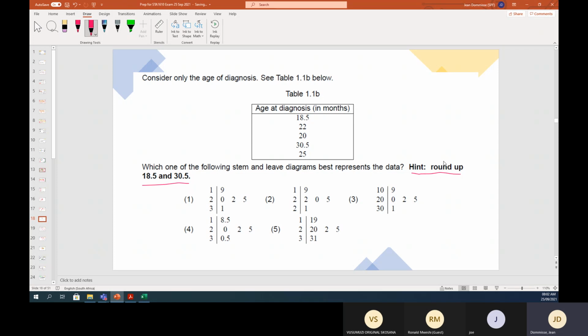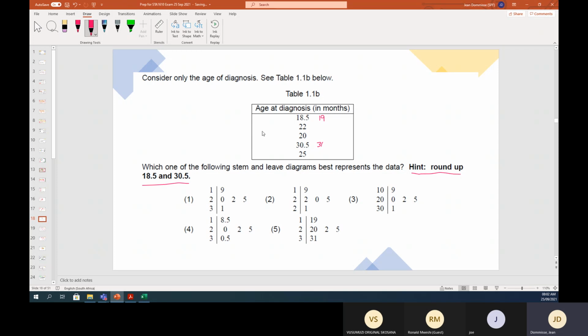They tell us to round up the 18.5 and the 30.5. If they don't say that, we take it as is, but because they're telling us to round up, we round that up to 19, and we round that up to 31.